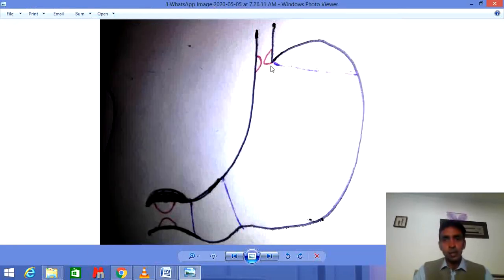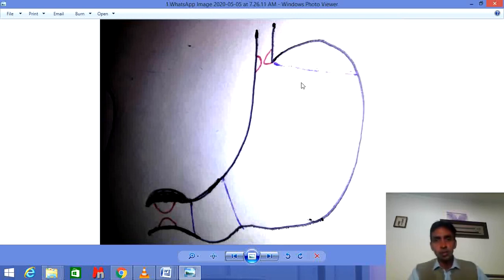Because this sphincter is located on the lower side of the esophagus, that is why this is called lower esophageal sphincter. This is also called cardiac sphincter because at this point the heart is located, and in the proximity of this sphincter, heart is located. That is why this is called cardiac sphincter.